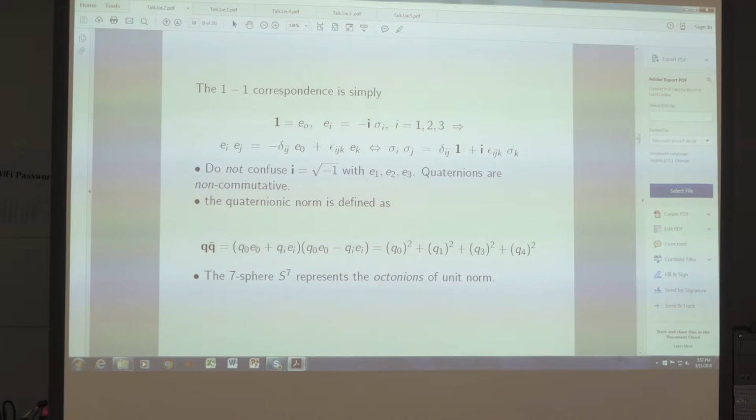Don't confuse them. If you take any point in the three sphere S3, you name it U, for example, because it's unitary. It can replace the i of the complex number. You can have a complex algebra with 1 and this U from the S3, and all the formulas are the same.